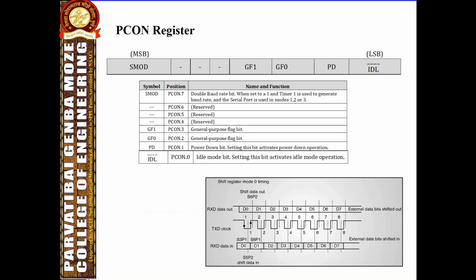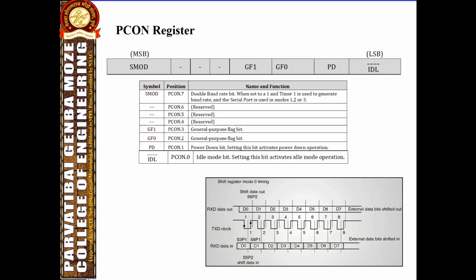The serial interface can be operated in 4 different modes that can be configured using SCON, the serial port control status register. Mode 0 is called shift register with a fixed baud rate.